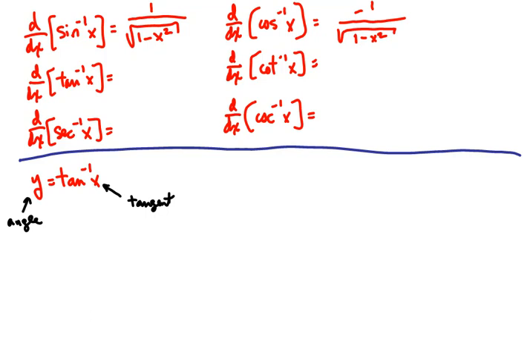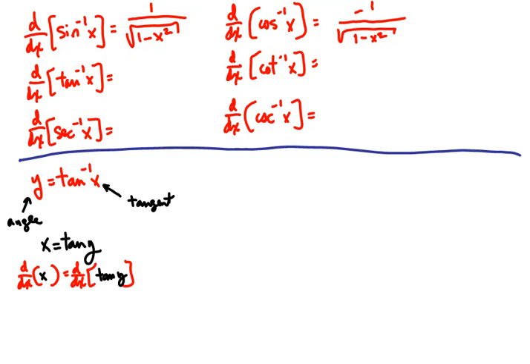And so what this says is that y is the angle whose tangent is x, or x is equal to the tangent of y. And so we go back to not using the inverse function, but the original function, and we rewrite that as x is equal to the tangent of y. Then we're going to take the derivative of both sides with respect to x.